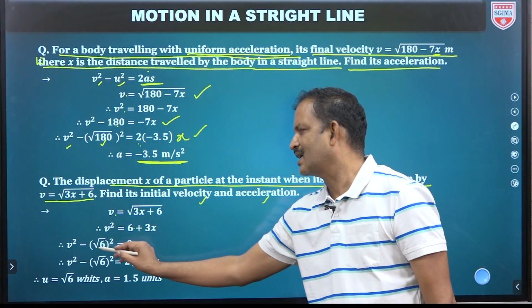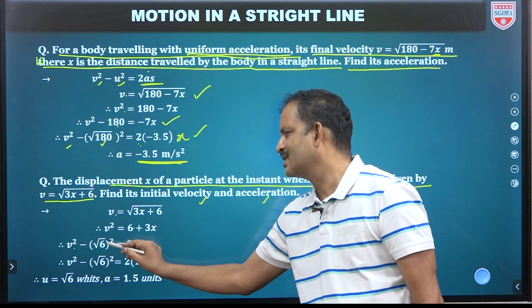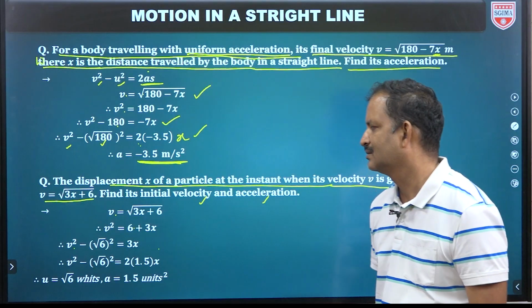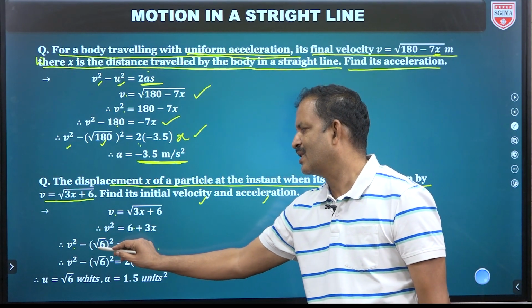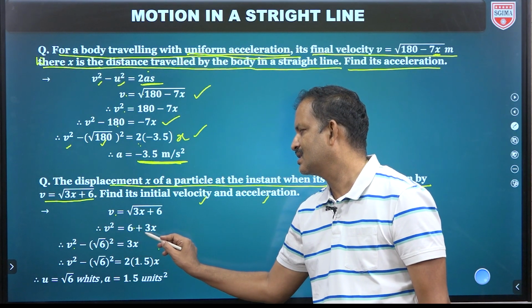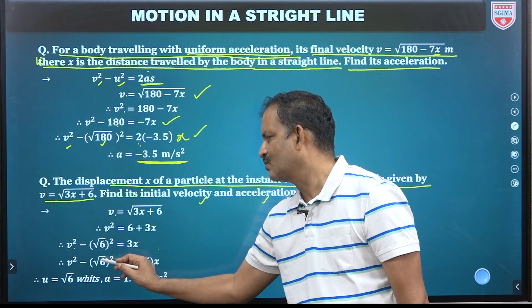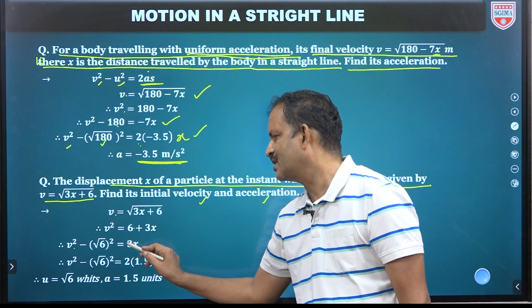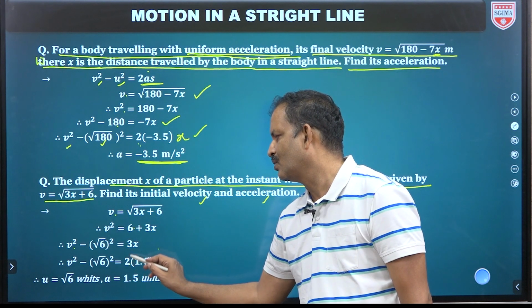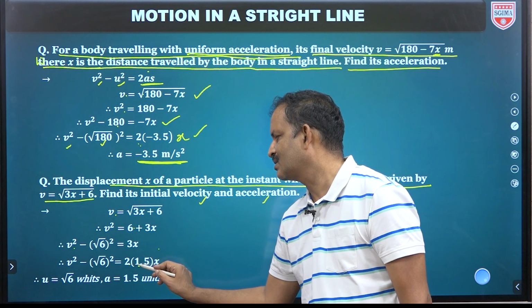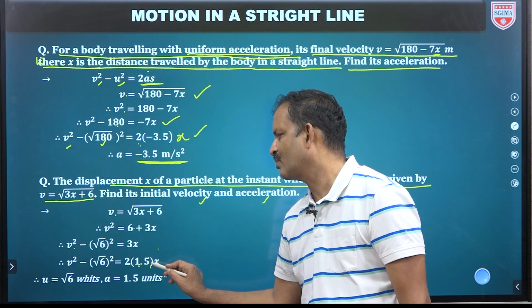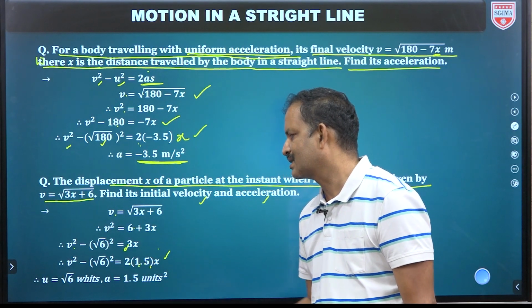Take 6 to that side, V square minus root 6 whole square is 3x. I have to split this into 2, so 2 into 1.5 into x.